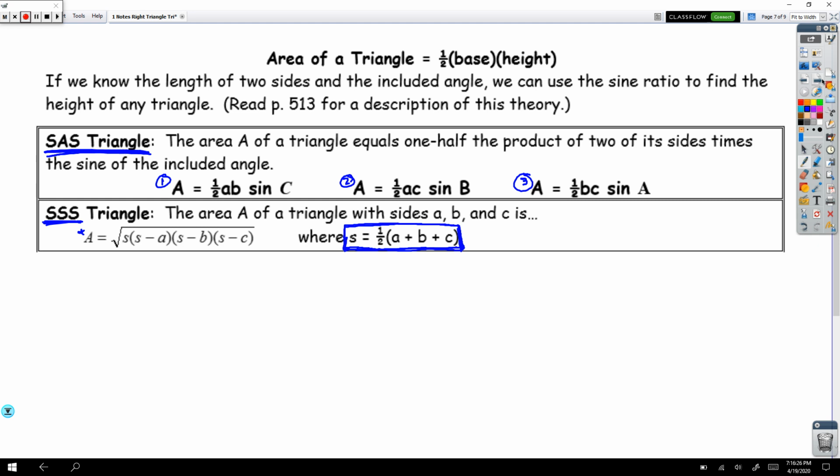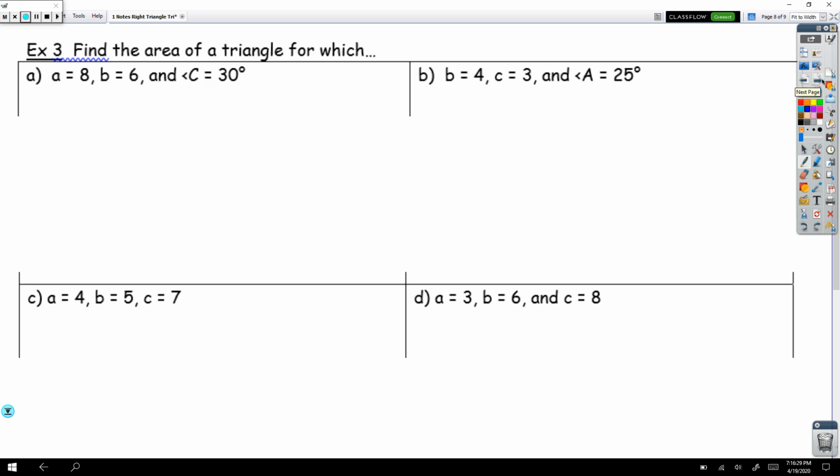So let's look at some examples real quick. So the first one here, I have two side lengths and an angle measure. So I'm going to guess this is SAS, but we need to set up our triangle to make sure that that's the case. Now, these aren't always going to be right triangles, so don't assume that anymore. So A has a side length of 8, B has a side length of 6, and C is 30 degrees.